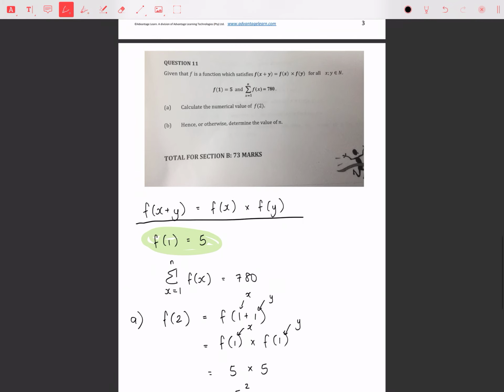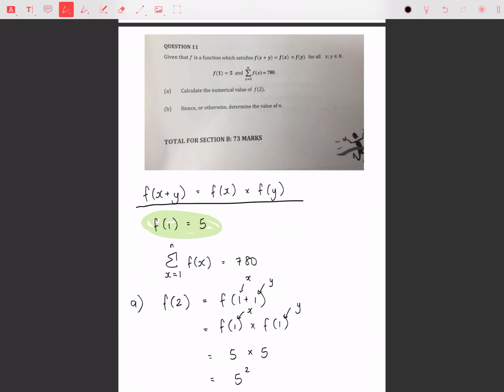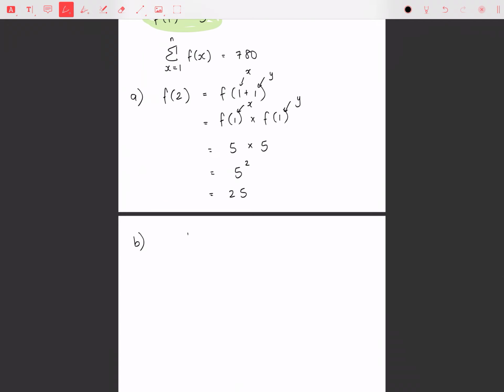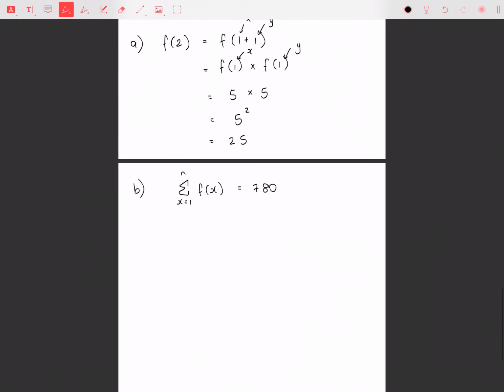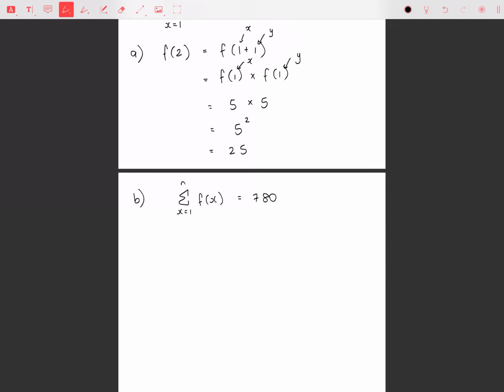Then for the second bit, it says hence or otherwise determine the value of n. Now, if we look at our summation, we can see that this is actually going to be a geometric sequence, or series, should I say, because it's a summation. So this would be f of 1 plus f of 2 plus up to f of n, and that's equal to 780.